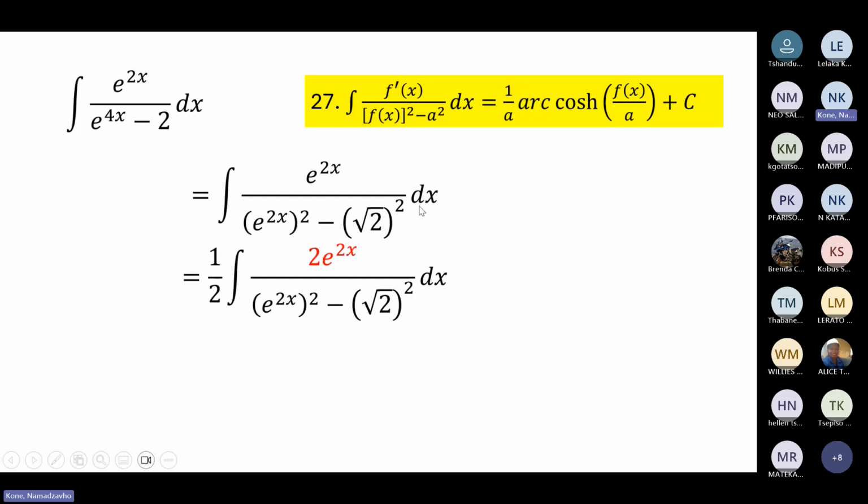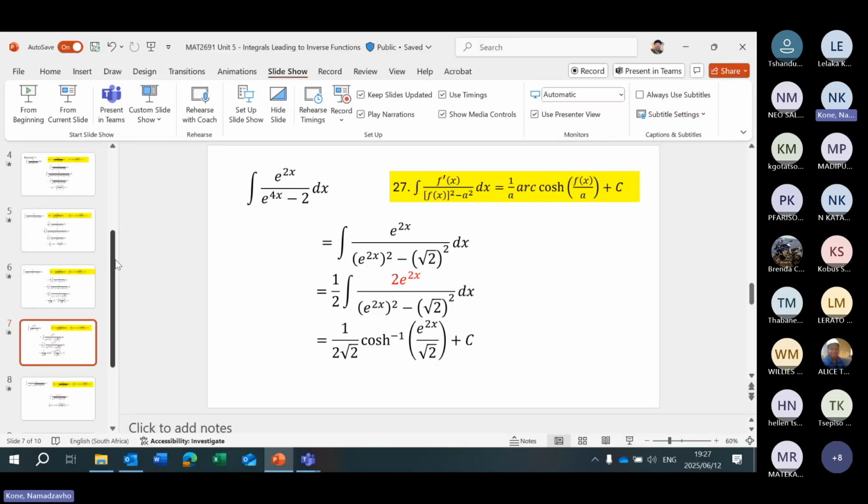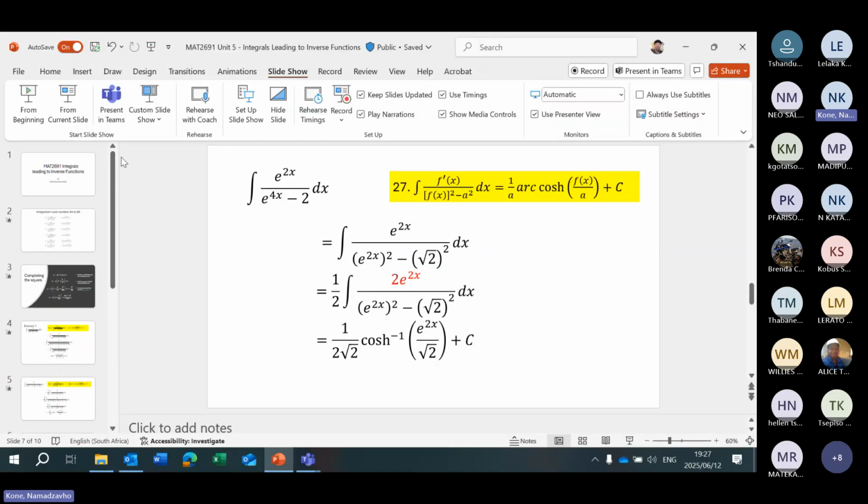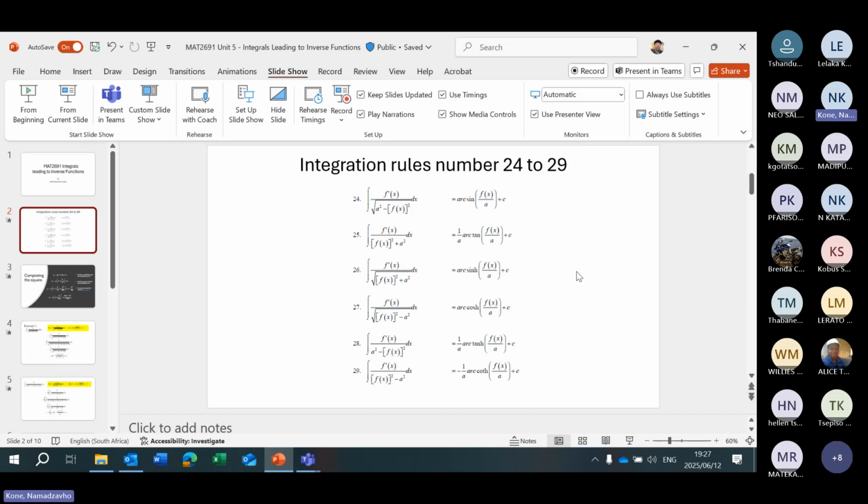Now you see 27. Let me just check that thing quickly. I told you these things confuse me, and I know that there will be people who will be confused. You see, cosh has got a square root on the left hand side, and coth, which is this one, does not have a square root.